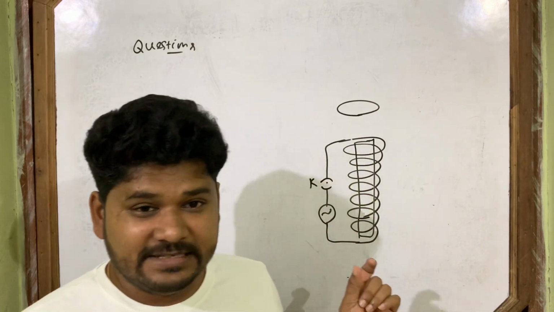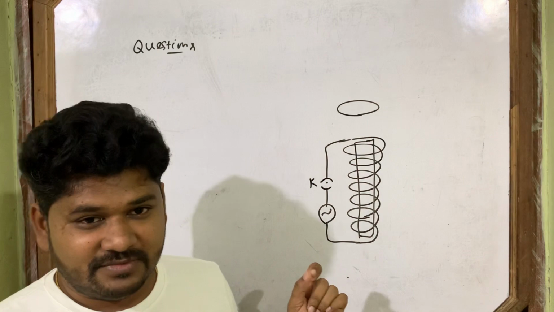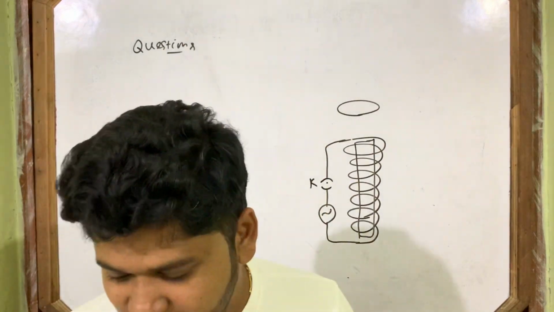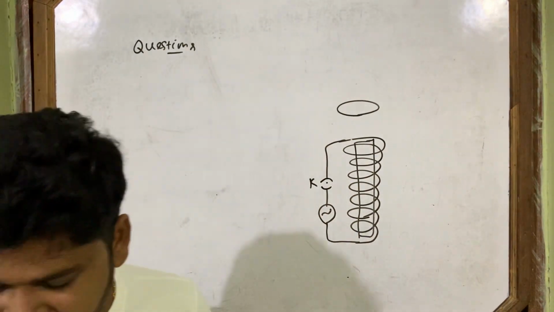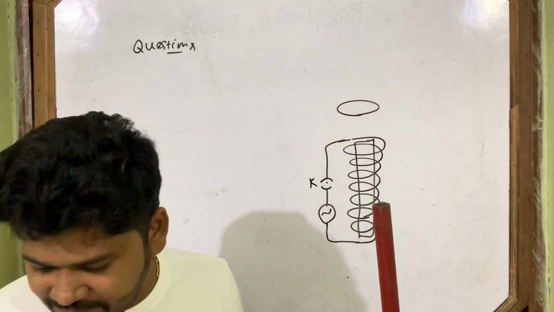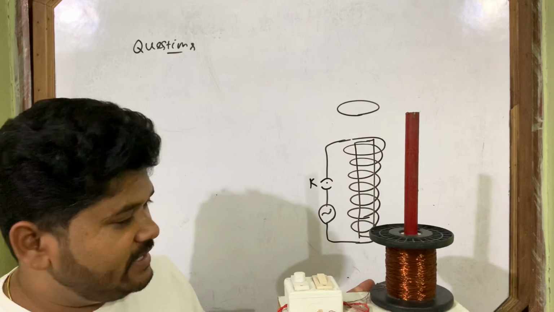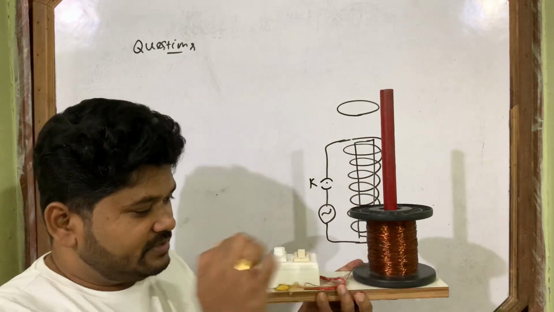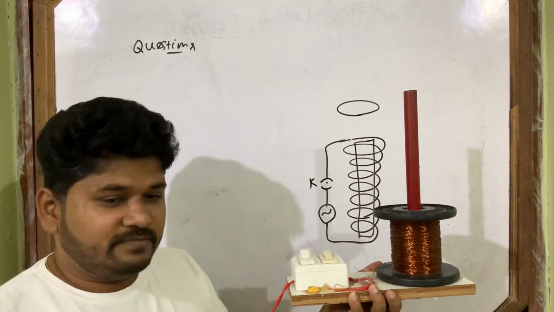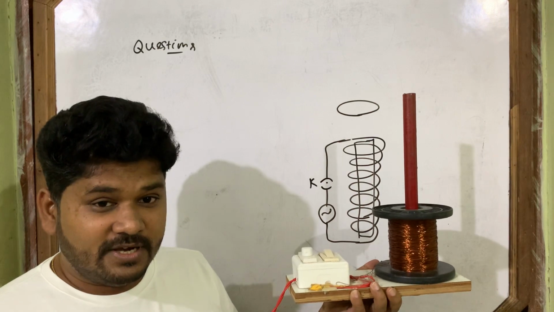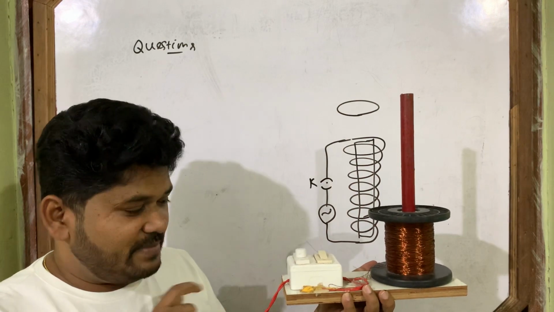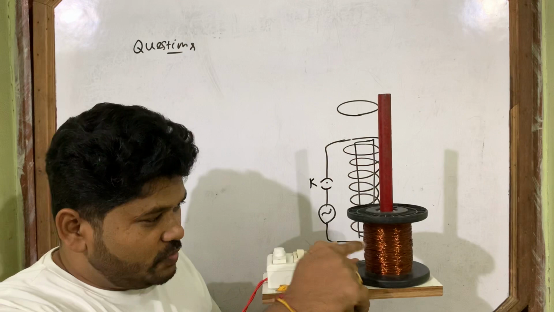Have you seen this? No? Okay, I want to show you a very small experiment. This is the coil. I have applied 220 volt alternating voltage here. Now no current is passing.